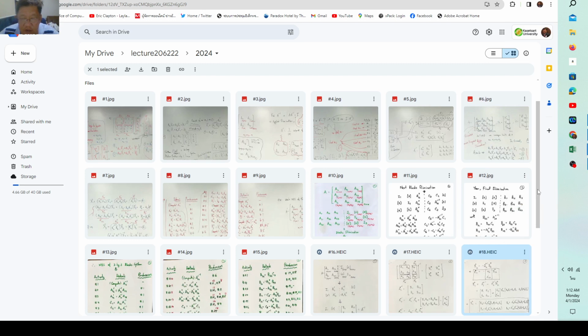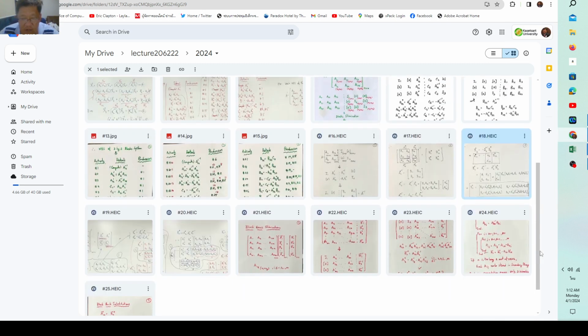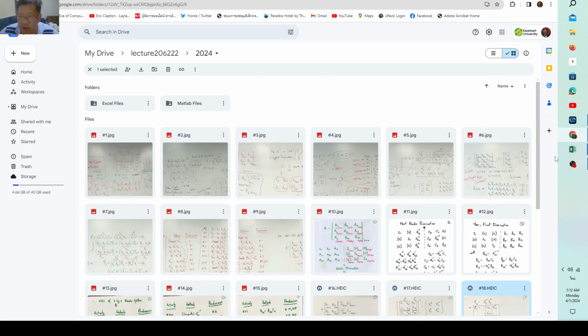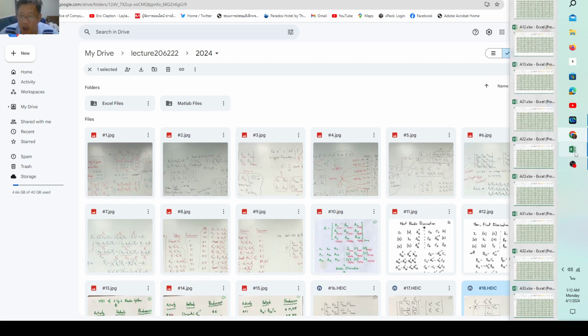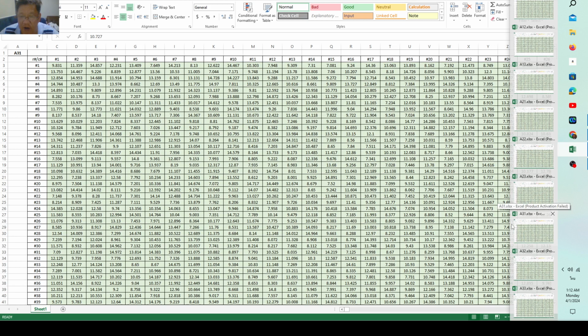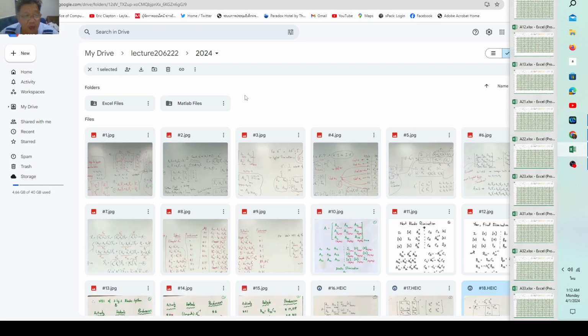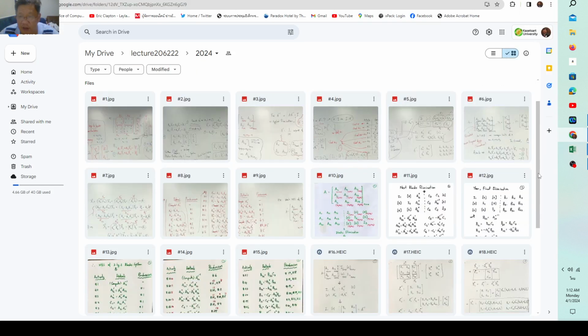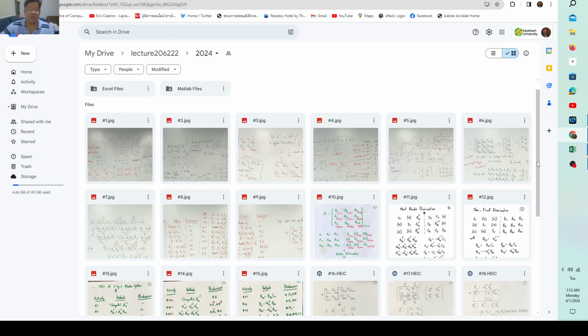Okay, and also you can work on a lot of problems in the corresponding Excel file that I assigned to you. Okay, in the next clip, we will change the platform of computation. We'll be using a commercial and very powerful software called MATLAB.